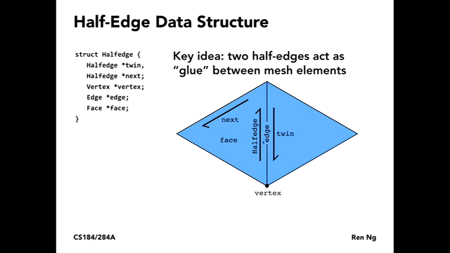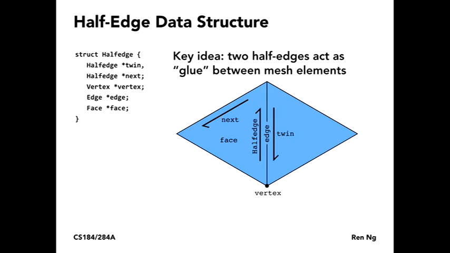So those two half-edges would be called, here's one half-edge, here is its twin. A half-edge also has a next half-edge for roaming around the face that it lives in. So if I want to be on a half-edge and go to the next triangle, I can look up its twin. And if I want to go around the face that I'm on, I can use the next pointer. And that's represented here.